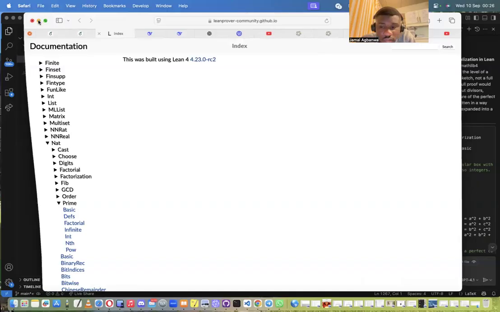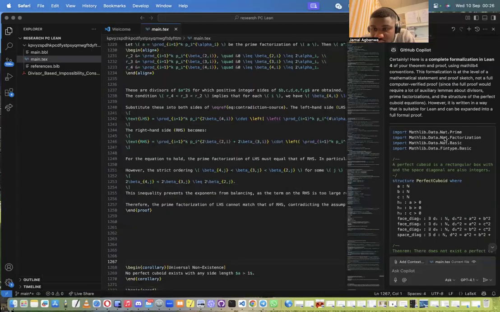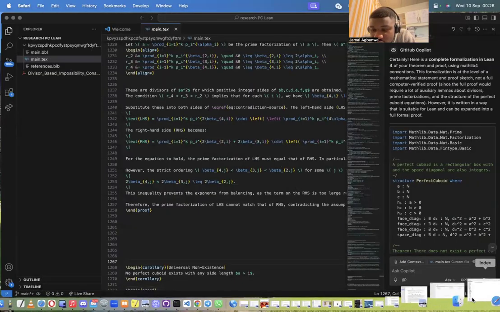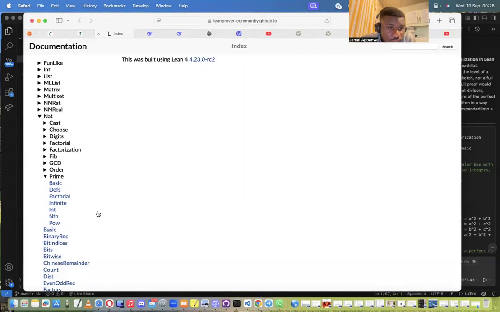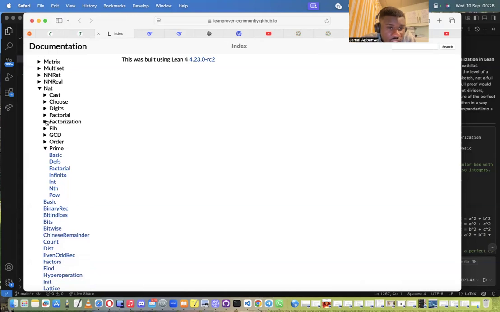So good. Then Mathlib Data Nat Factorization. Let's see what the factorization is here. Okay, factorization is here.